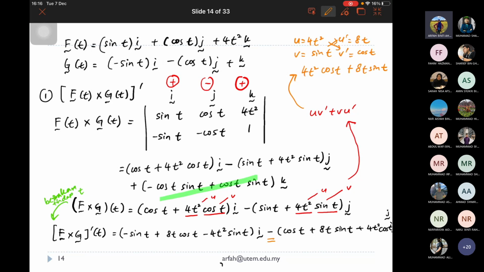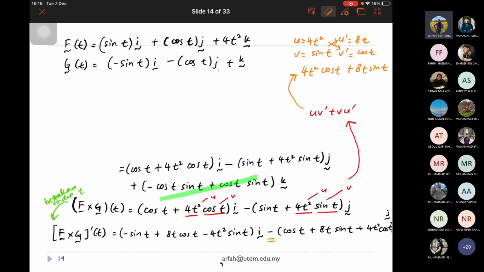Okay, cuba kita tengok soalan yang ketiga. The third question, awak ada F, awak ada G as given in there.